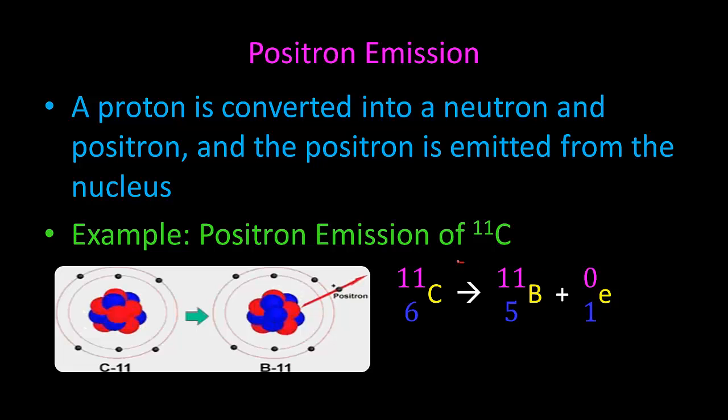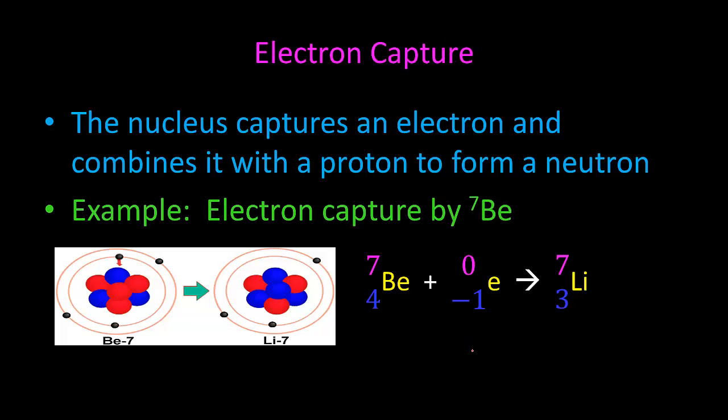So the mass numbers have to be balanced on each side of the equation, so all of the reactants' mass numbers have to add up and equal all of the products' mass numbers. And the atomic numbers of all of the reactants have to add up and equal all of the atomic numbers for the products. Now we will go over 5 and 6 for positron emission in class tomorrow.